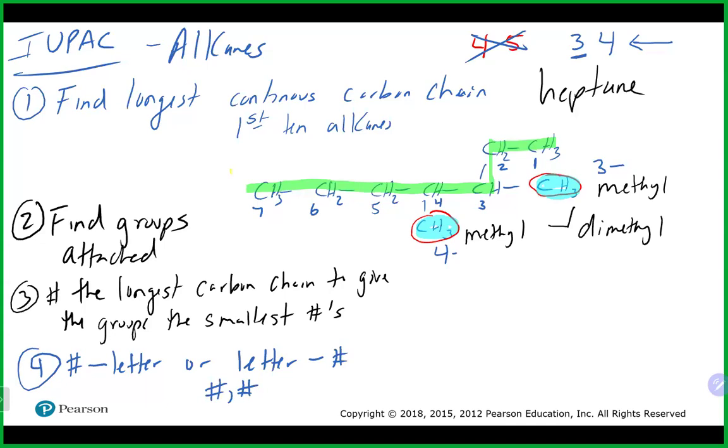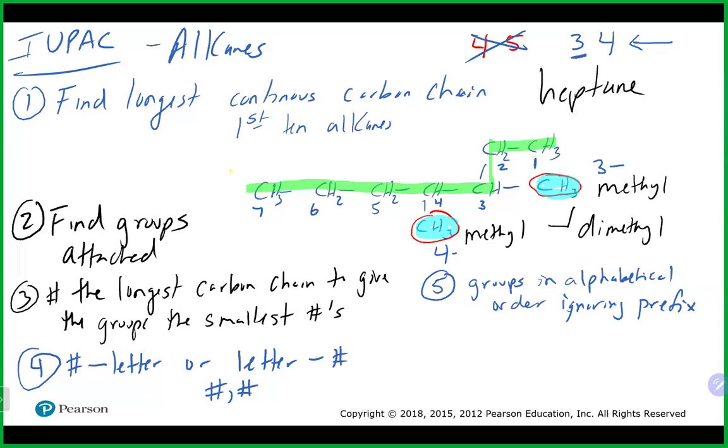All right, now that we figured out where our groups are located, and we also figured out the main chain, the last thing that we do is name it, and we put our groups in alphabetical order, ignoring the prefix. So we do ignore the prefix here, but we do put it in alphabetical order.